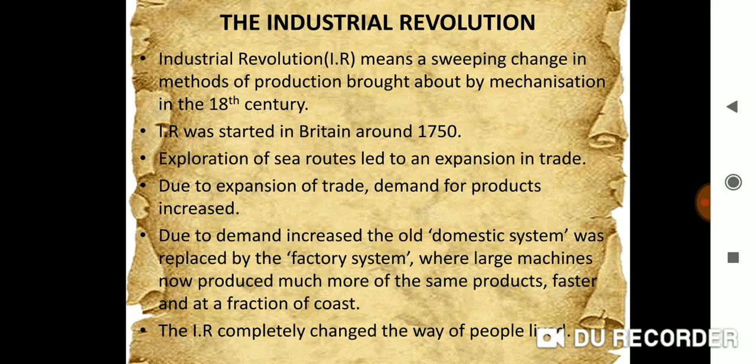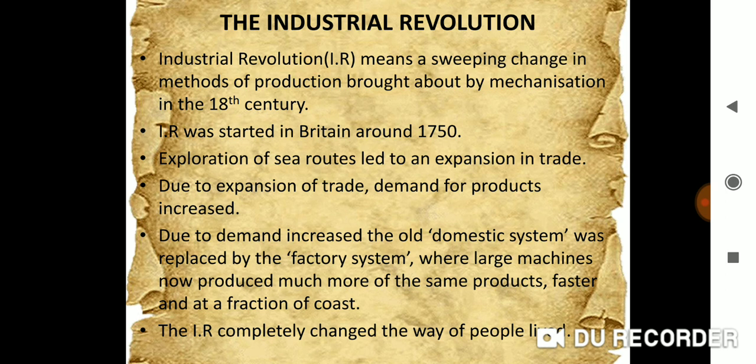They started to sell their products in India. When demand increased in India, at that time production also increased in England. So all are related. Due to the expansion of trade, demand for products also increased.